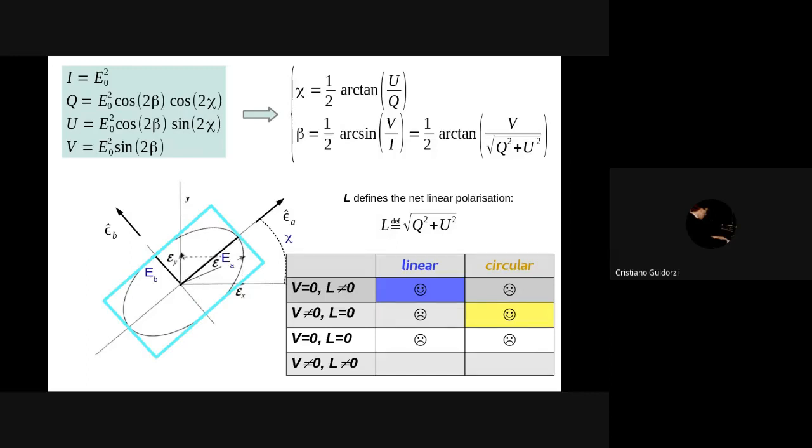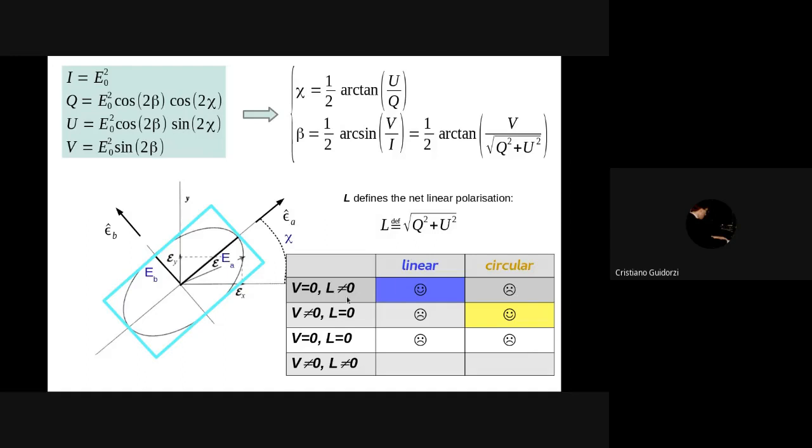So there is some degree of linear polarization. One direction is stronger with respect to the other perpendicular one. So the electric field tends to be preferably stronger in one direction than the other. So linear is happy. In this case, V 0, L non-zero, you have some degree of linear polarization, no circular polarization.